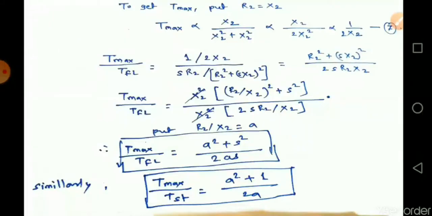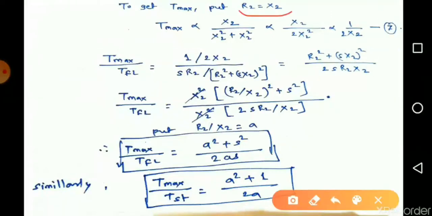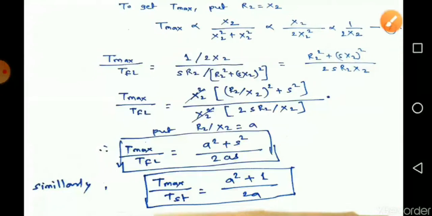Now in equation number 6, if we put the value of R2 equal to X2, we get the maximum torque, which is proportional to X2 divided by X2 square plus X2 square. On solving, we find equation number 7: T_max is proportional to 1 upon 2 X2. Based on equations number 5, 6 and 7, we are going to derive certain relationships.